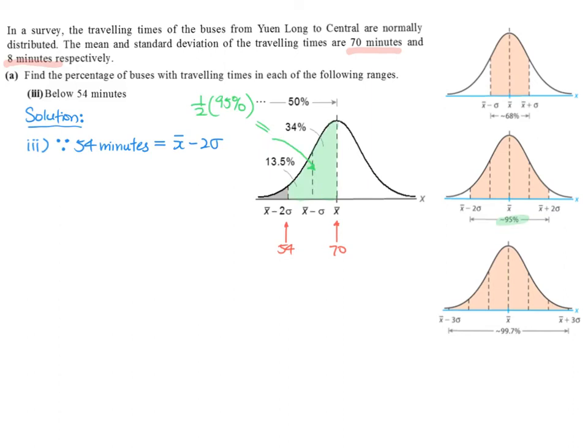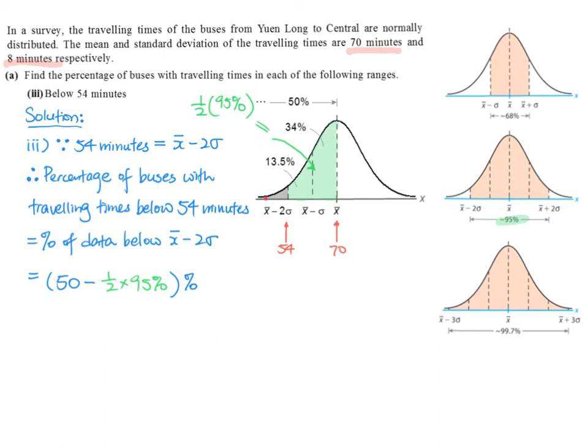But this portion is just half of 95%, right? And so the percentage of this tail would be 50%, this whole half, minus this green portion, which is 1/2 times 95%. And that would be 2.5%.